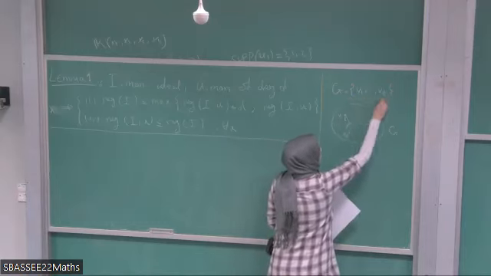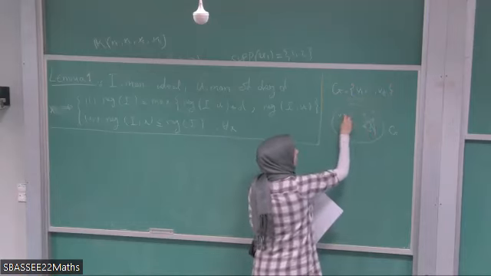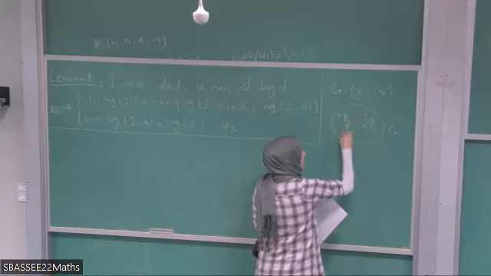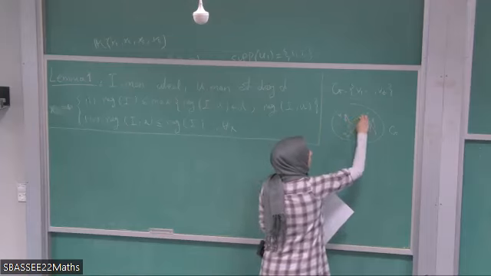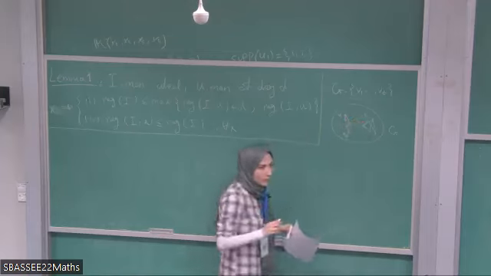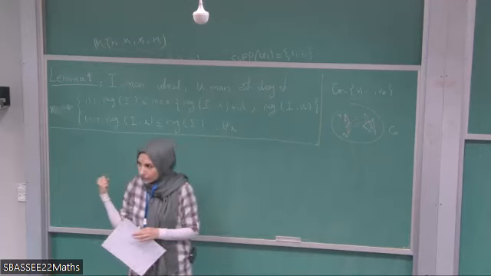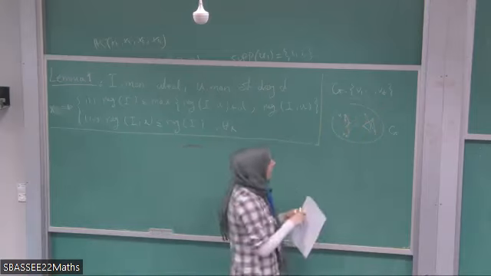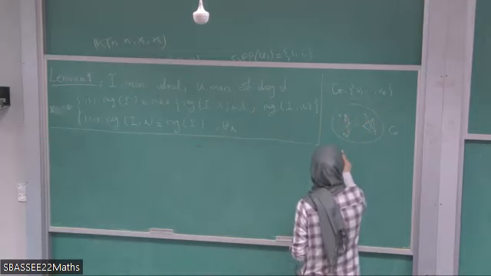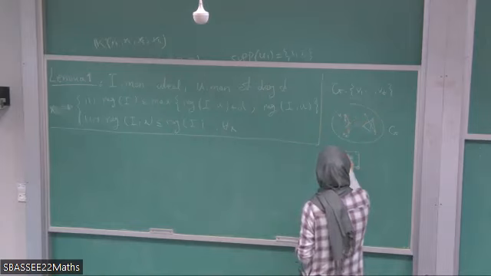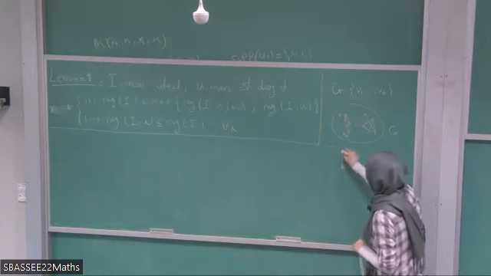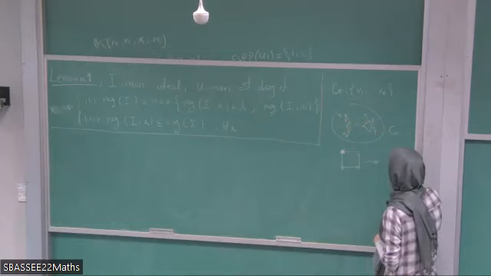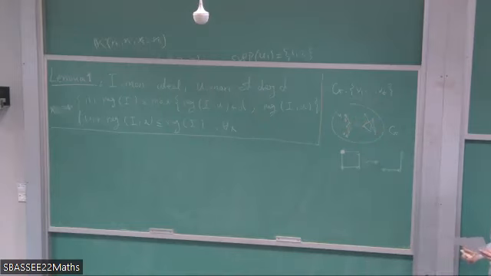And when I remove this set, it means that I'm really removing these vertices, all connections between themselves, and also all connections in between. So I'm removing the vertices and all edges adjacent to them. For example, in this graph, when I remove this vertex, what I get is just this one.